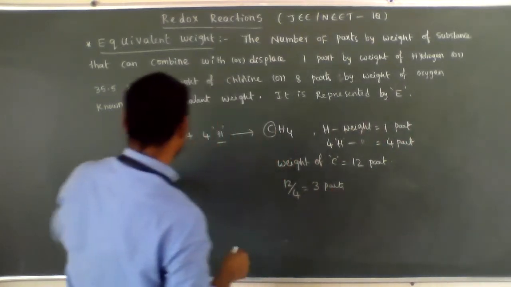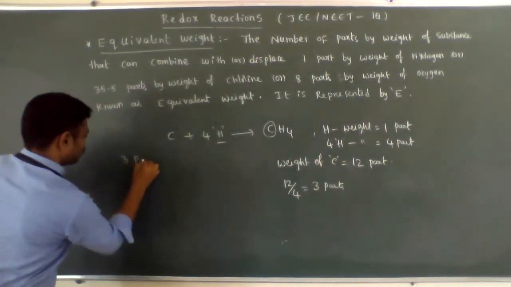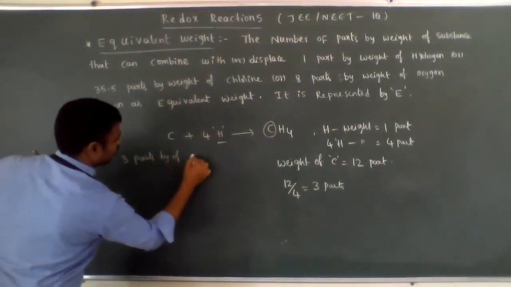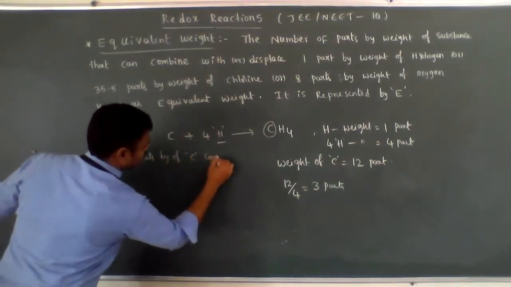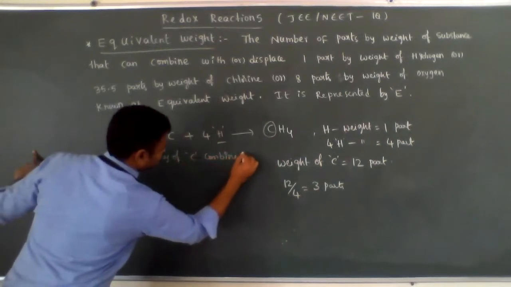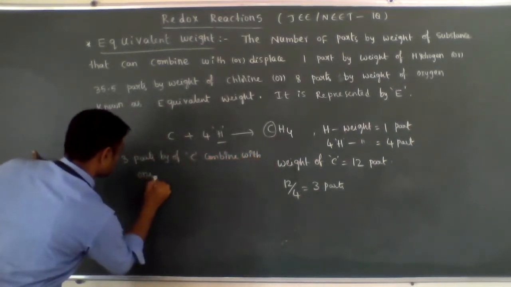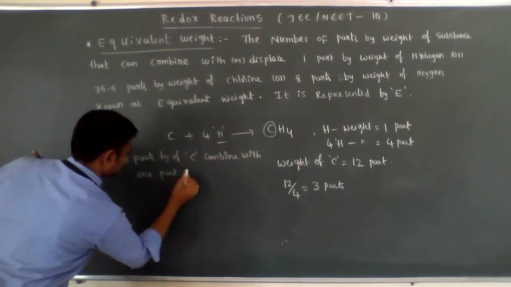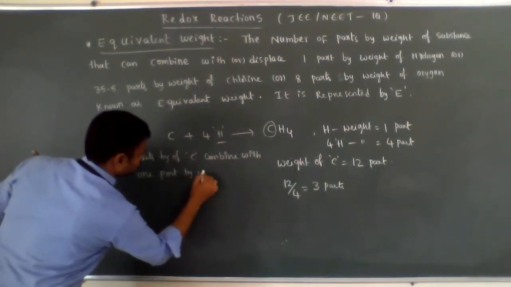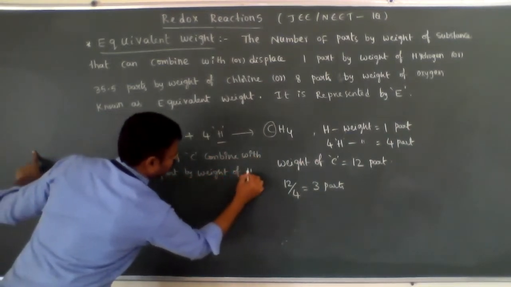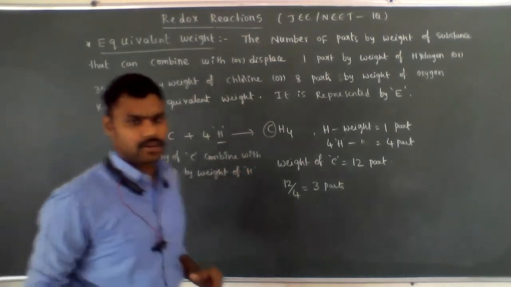So 3 parts by weight of carbon combined with 1 part by weight of hydrogen atom.